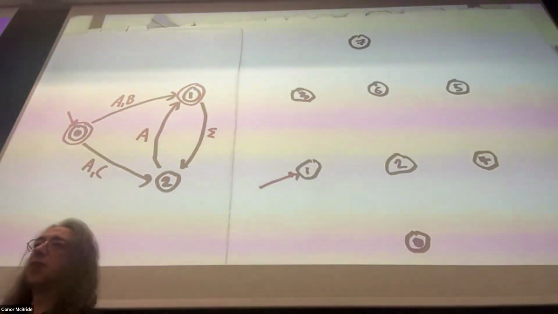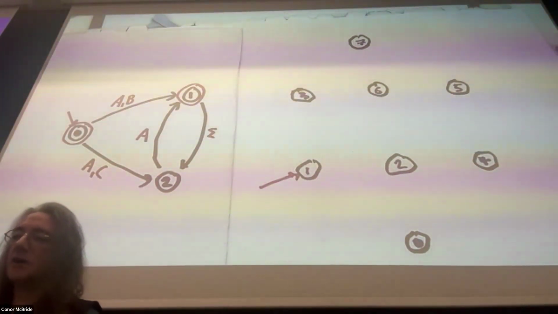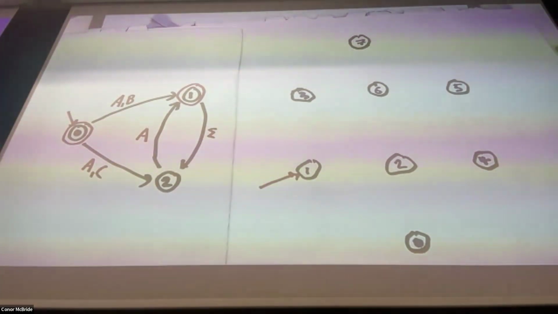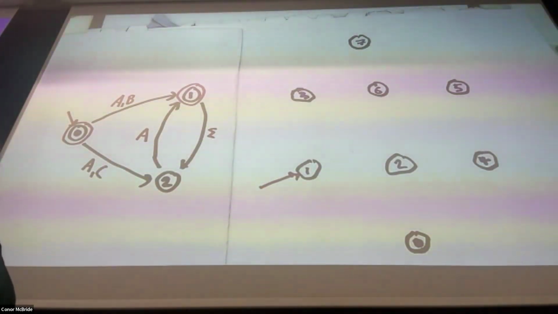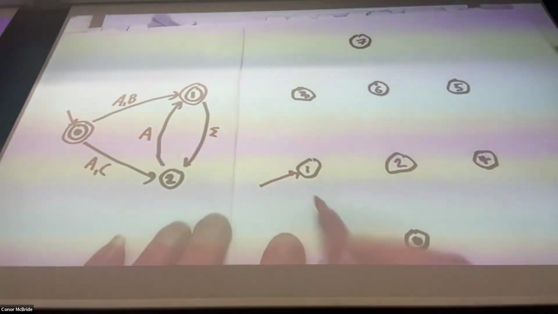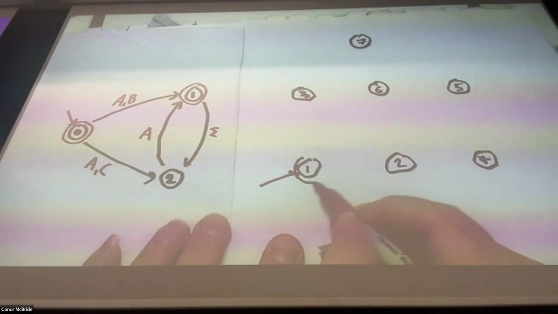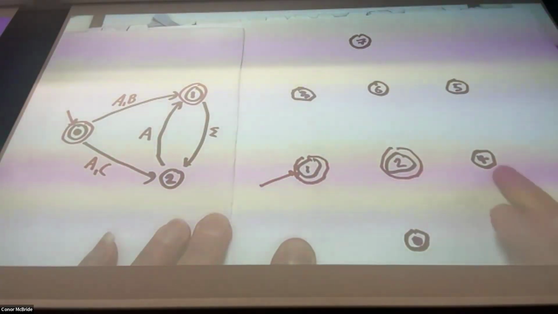So I accept if it's possible to get to something which has either 0 or 1. So that means the accepting states are this one and this one, but not that one, not that one.